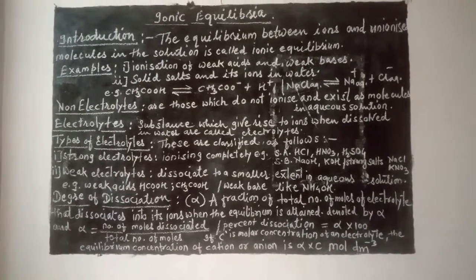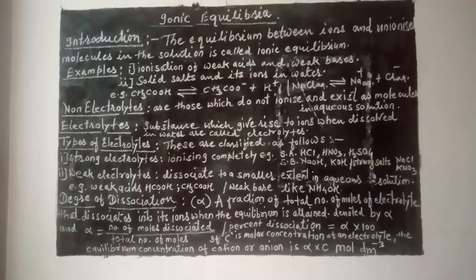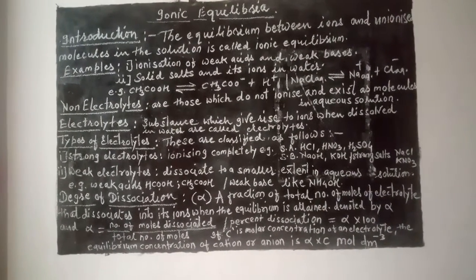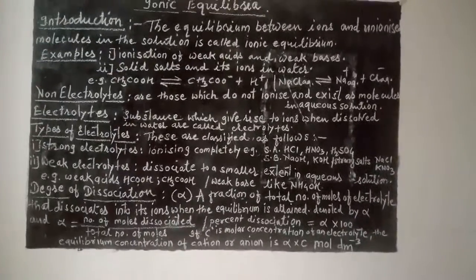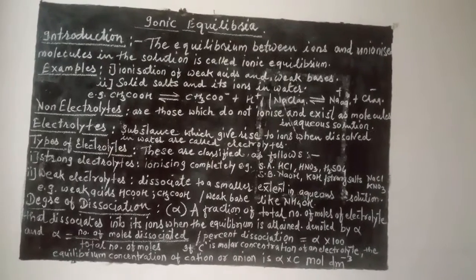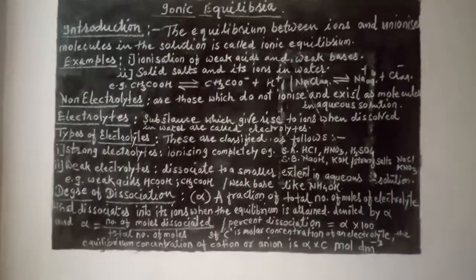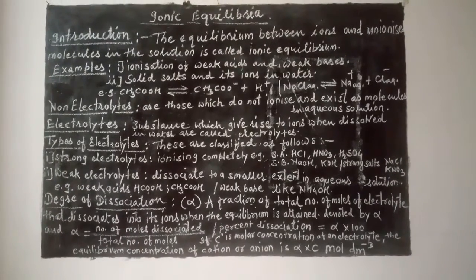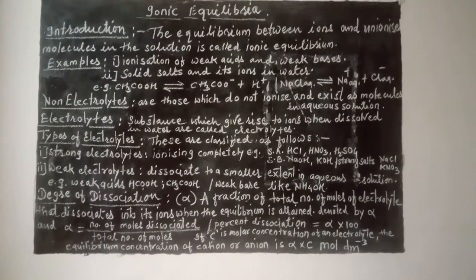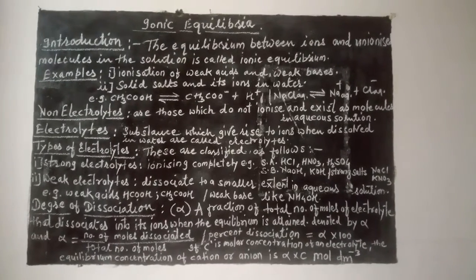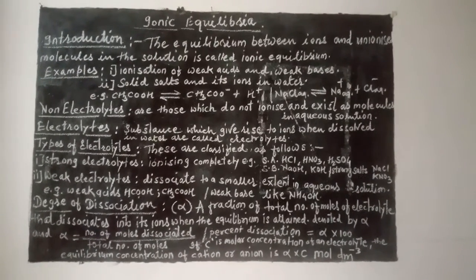In the next lesson, we will study acids and bases. What is the exact definition of acids and bases according to 3 theories: Arrhenius theory, Lewis theory, and Bronsted-Lowry theory. So I complete the lesson.